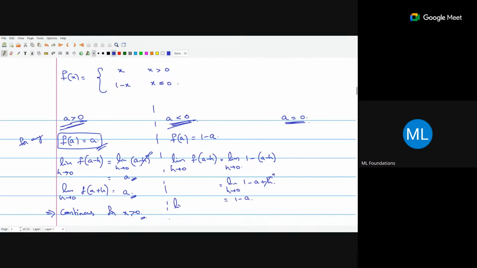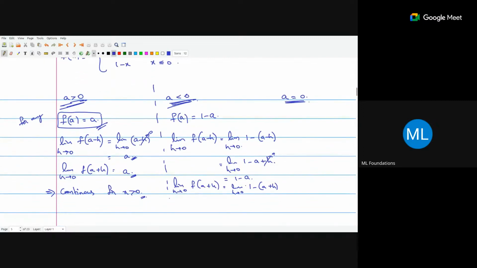Similarly, if I compute limit h tends to 0, f of a plus h, this will be limit h tends to 0, 1 minus of a plus h, because my function behaves like 1 minus x. So if it is a plus h, it will be 1 minus a plus h.